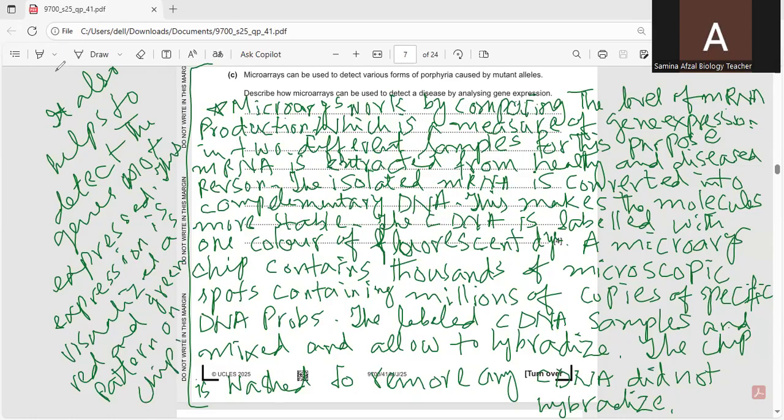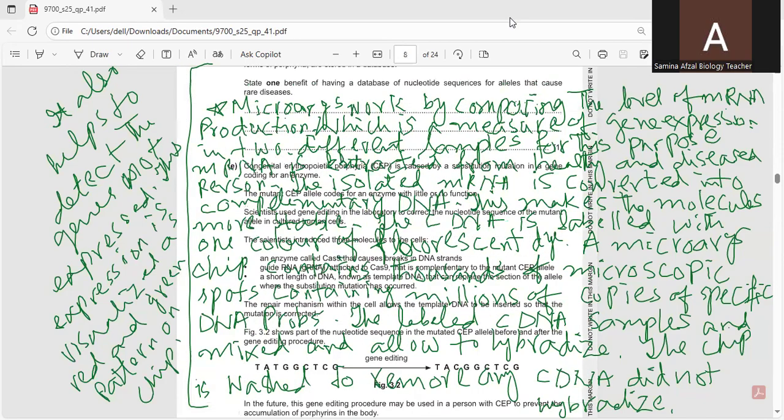In this way, it helps to diagnose the disease, because mutant alleles or a disease state typically cause the expression of specific genes. So it was about question part C.